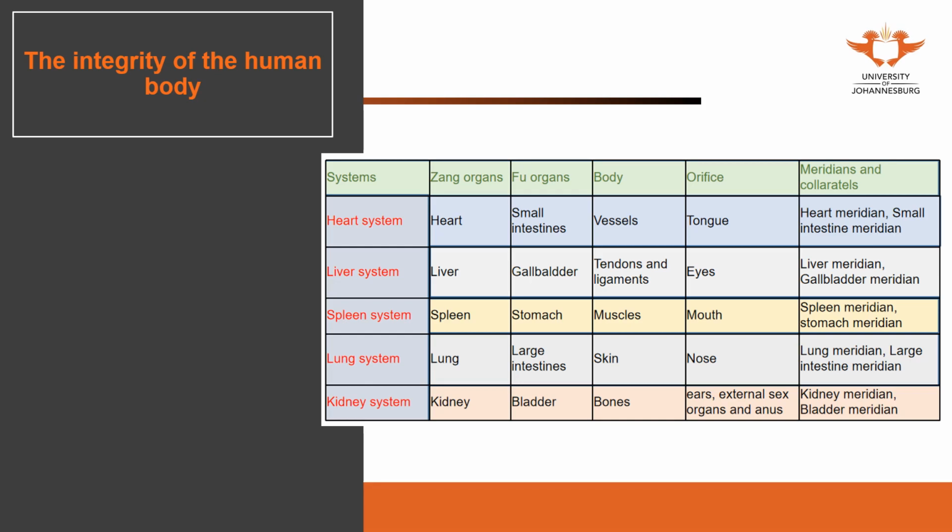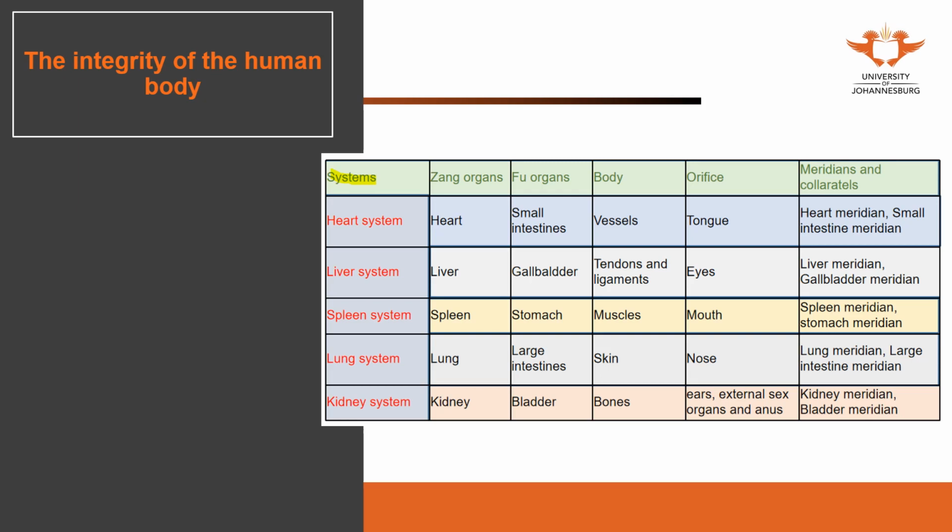It actually tells us our human body is the state of being whole and not divided. You can't divide our human body into different parts. They won't work in that way. Also, different parts of our human body, for instance, from the table, you can see different systems.